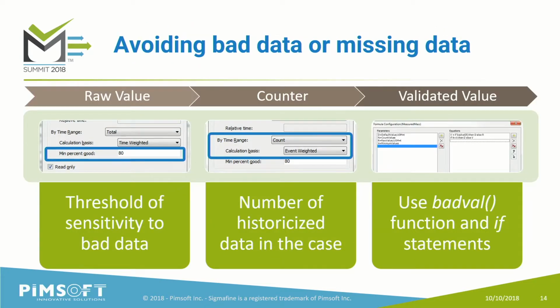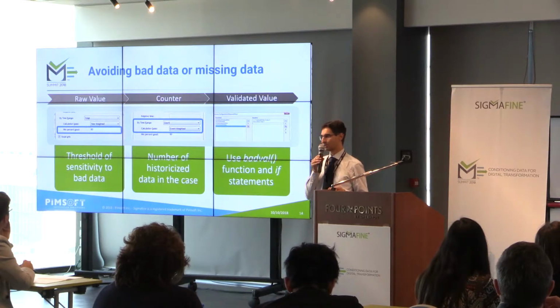So, for example, about bad or missing data, we should remember there is a threshold associated to each PI point during the aggregation, and you can, for example, lower this threshold to relax the system a bit and be more tolerant to the number of bad data you can get inside the case.